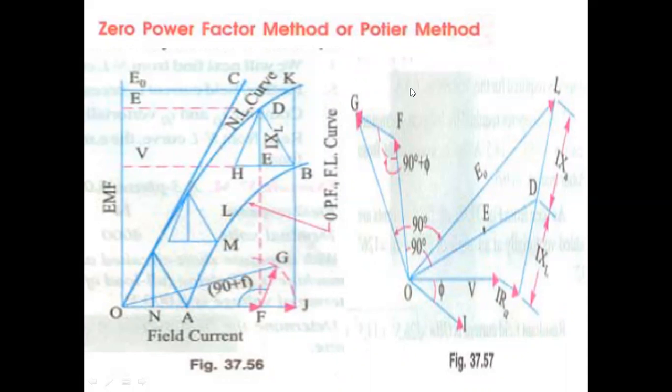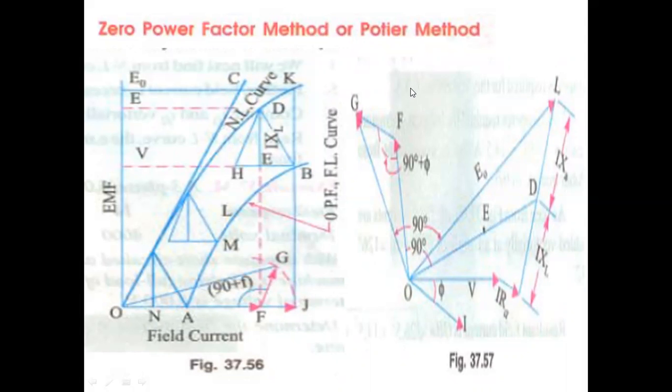It is the curve of terminal voltage against excitation, where the armature carries full load current at zero power factor. If the voltage is reduced due to armature reaction, the amount of voltage reduction can be found from the above.